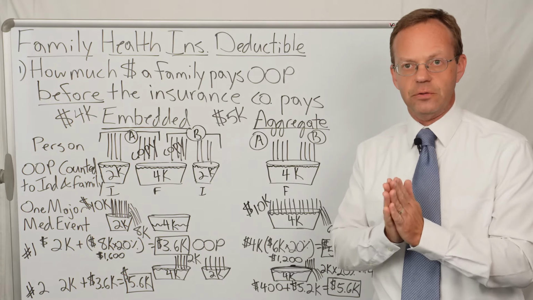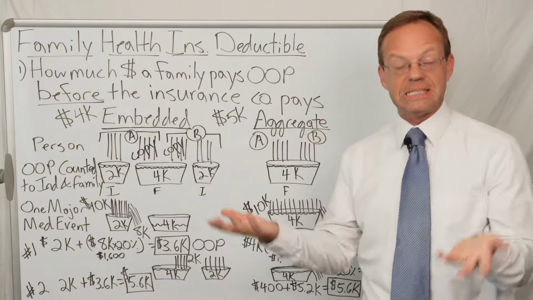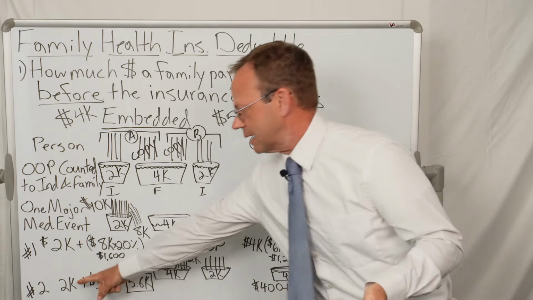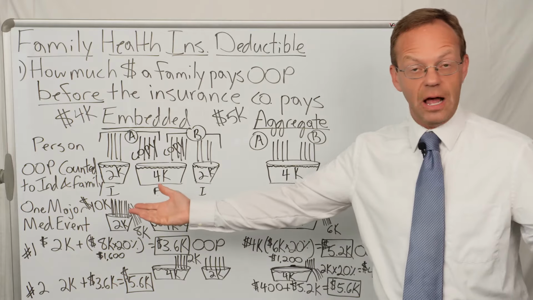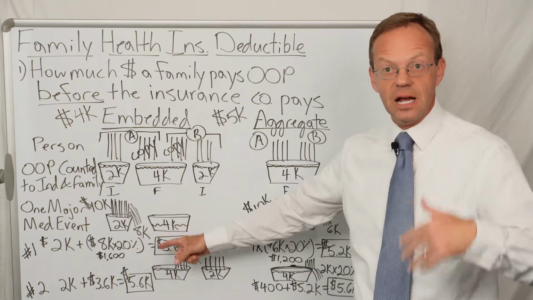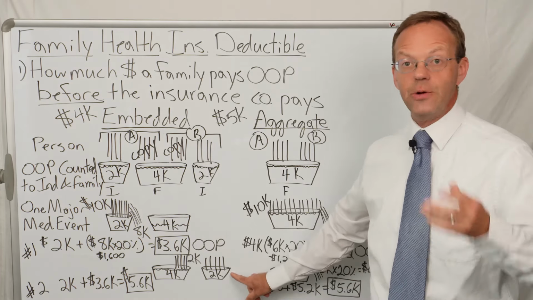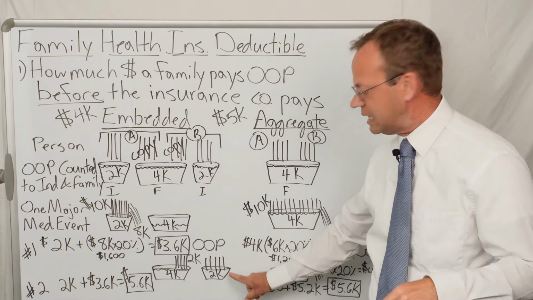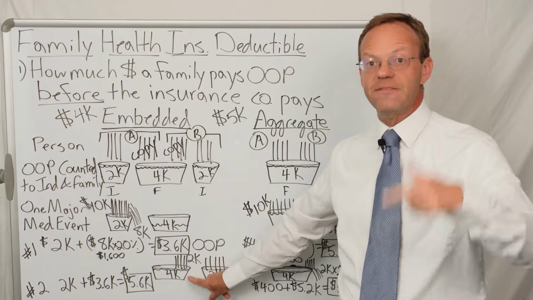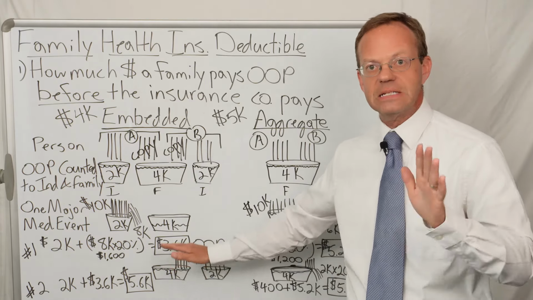Now, here's where it gets confusing, if it's not confusing enough already. Let's say there is a second person in the family that also has some medical expenses, and let's say that second person has $2,000 of medical expenses. In the case of the embedded deductible, you take the $2,000 and fill up the second person's own individual deductible bucket, and then you copy and paste that into the family deductible, and only then have you met the family deductible.